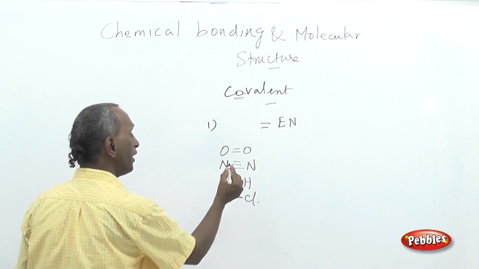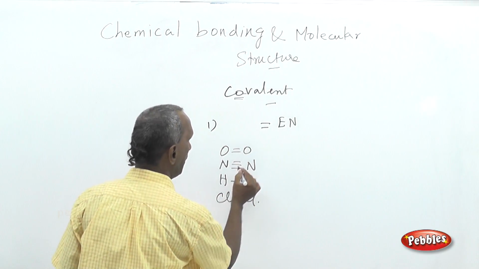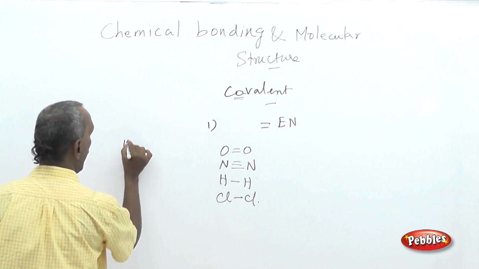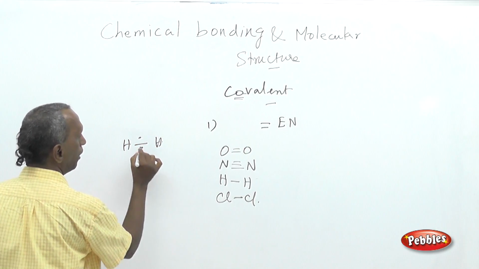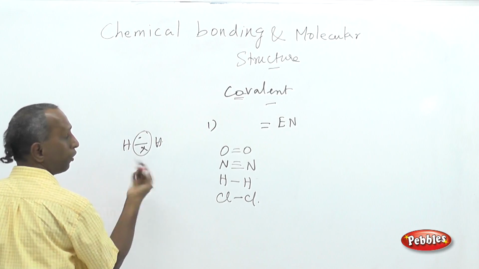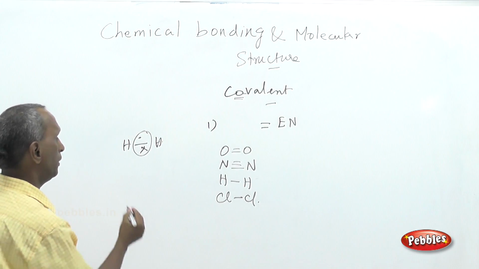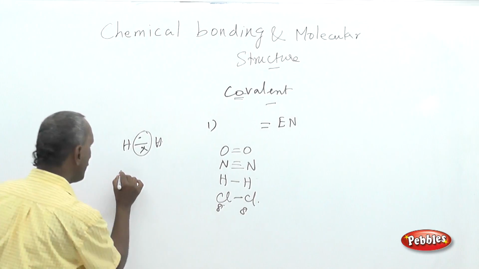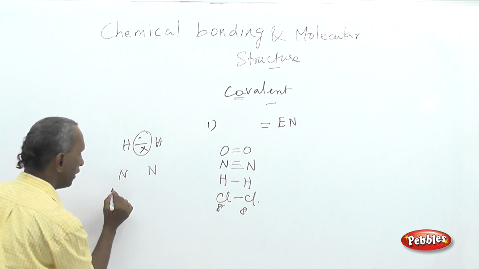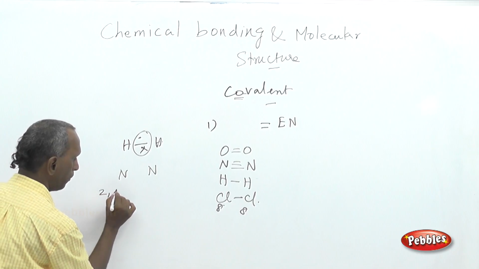Now we will see the reason for the multiple linkages. Hydrogen, each sharing an electron, has two electrons and acquires the helium configuration. Chlorine acquires 8 outermost electrons. If you take the case of nitrogen, the atomic number is 7, configuration 2, 5.